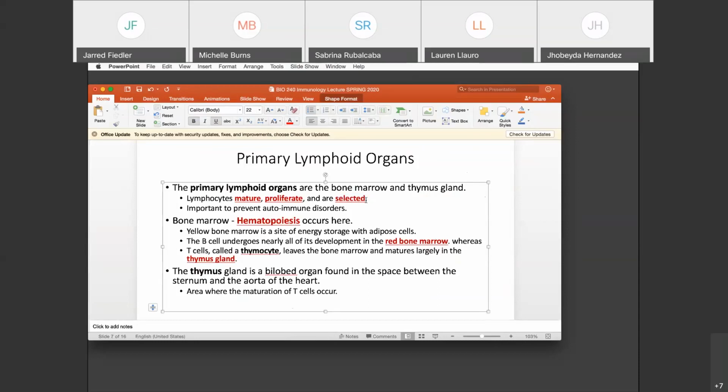Okay, and there are actually a lot of fail safes in this. I'm not going to go into great detail because that on its own is a few lectures. But just know that in these two organs, especially for the T cells in the thymus gland, when they are selected, your system is checking to make sure that it's not reacting with your own cells.